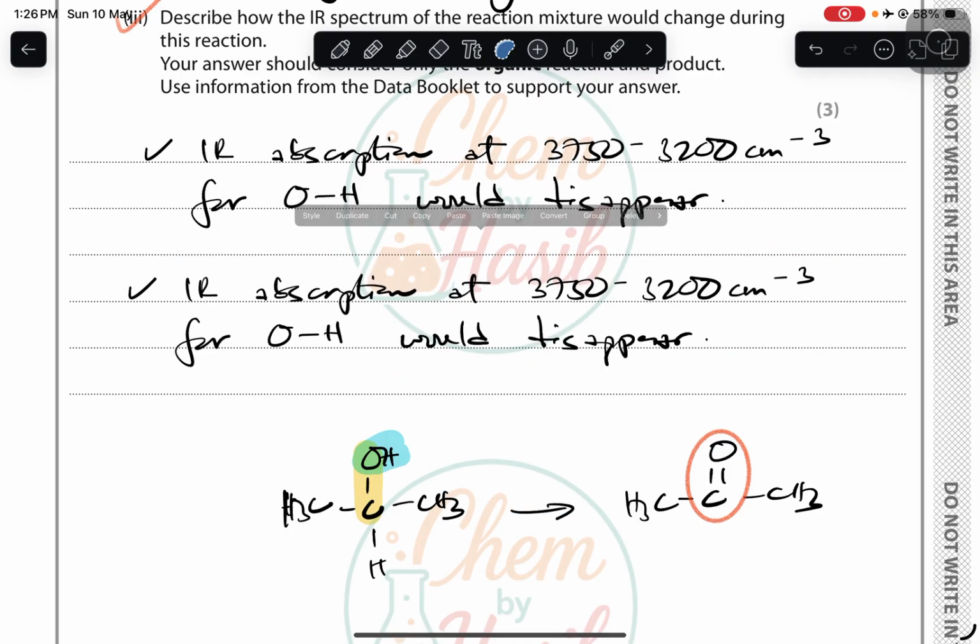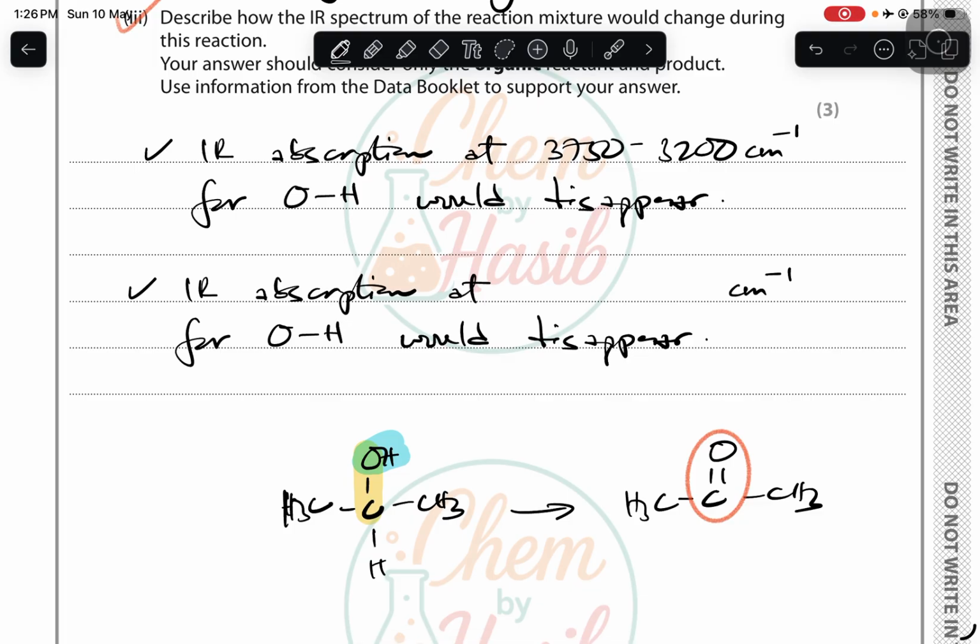from the data booklet. For the C single bond O from the data booklet is, let me bring out the data booklet. I don't have this data with me right now. I forgot this data actually. Data booklet. Just a minute.